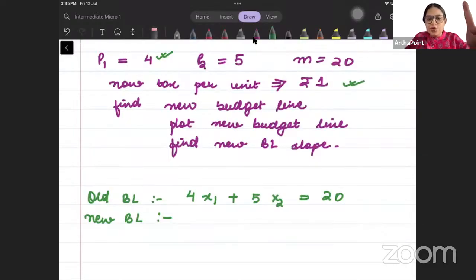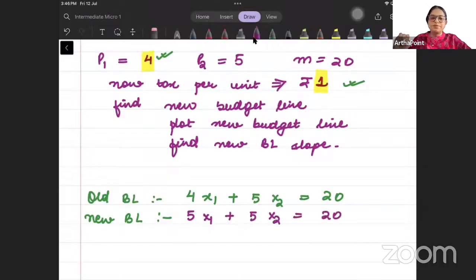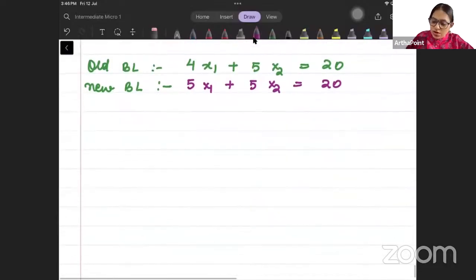For every unit I consume, I need to pay 1 rupee as tax. So beta 4 rupees plus 1 rupee, total I have to pay 5 rupees. So beta it will be 5 into number of units consumed. Price of good 2 is unchanged. Income is 20. Clear? What is the slope of old budget line beta?